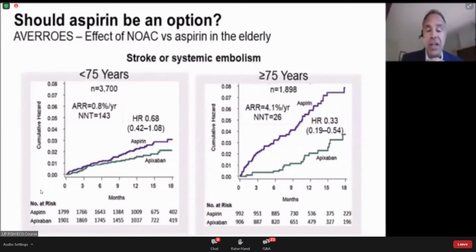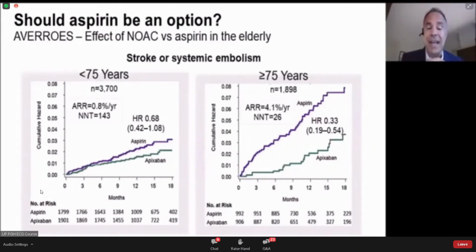And I can tell you that the overall trial results were quite favorable for apixaban, an oral anticoagulant, in preference to aspirin for stroke or systemic embolism prevention. And the point of this slide is, as you can see, there was a particularly striking difference with a marked benefit of apixaban for stroke and systemic embolism prevention in older individuals compared to aspirin.